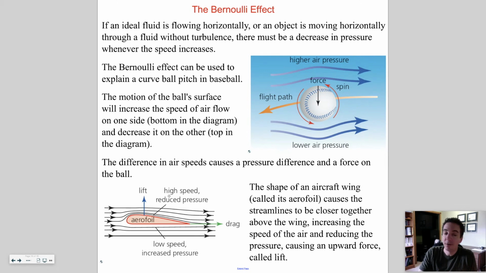So higher speed there means reduced pressure, and lower speed on the bottom means increased pressure. That produces our lift. We've got increased pressure on the bottom, decreased pressure on top, upward pressure on the bottom. That causes lift.